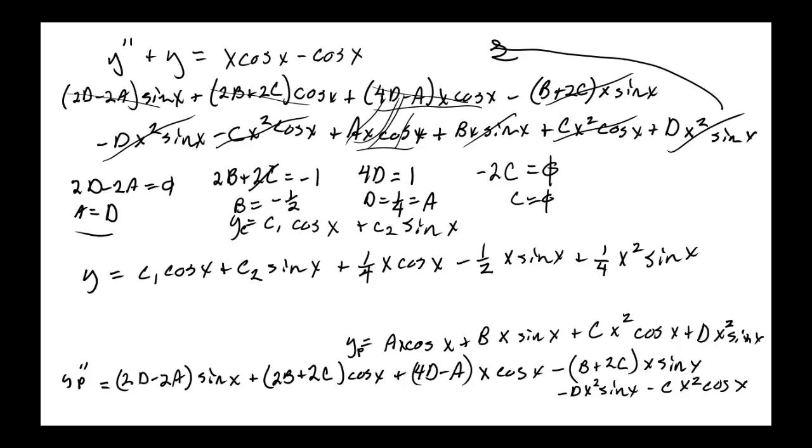They had different letters in it, but they wound up with y is equal to C1 cosine x plus C2 sine x, plus 1/4 x cosine x minus 1/2 x sine x plus 1/4 x squared sine x. Yes. Wow.